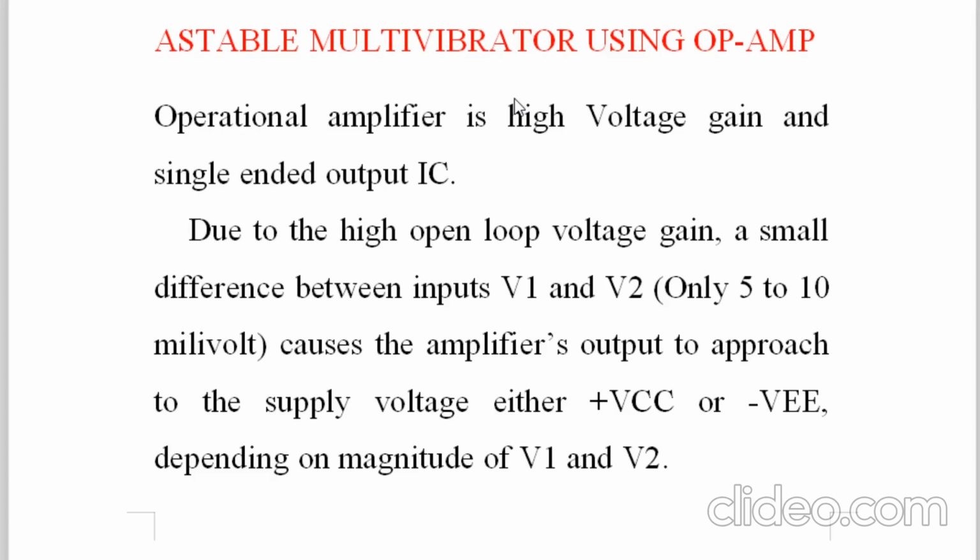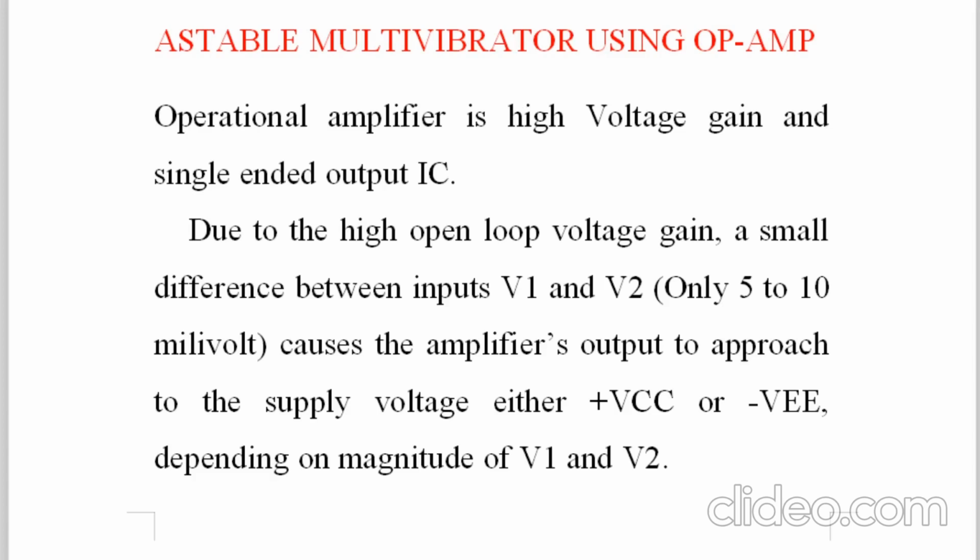Because we are applying dual power supply, plus VCC and minus VEE, the square wave is generated such that HVL is above the x-axis, that is plus VCC, and LVL is below the x-axis, that is minus VEE. In case of IC555, LVL was on the x-axis because LVL was 0 volt, since in IC555 a single power supply is used.